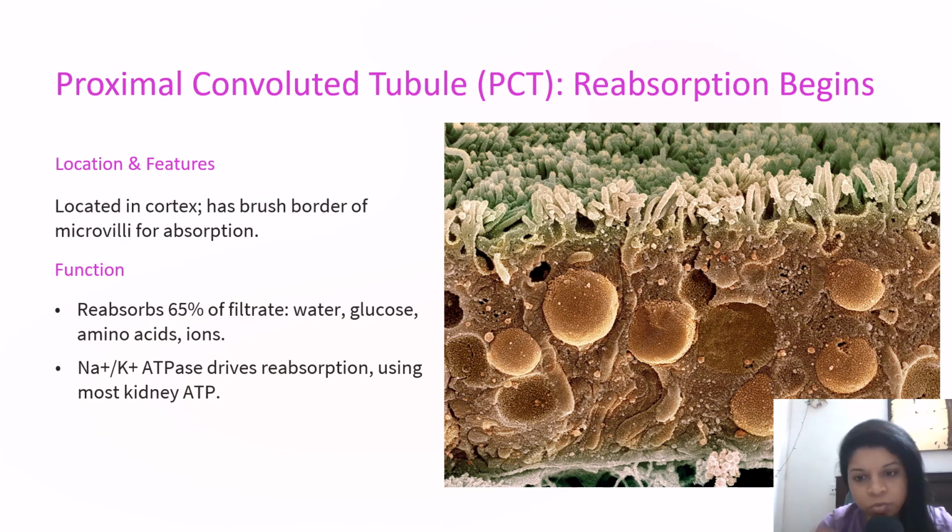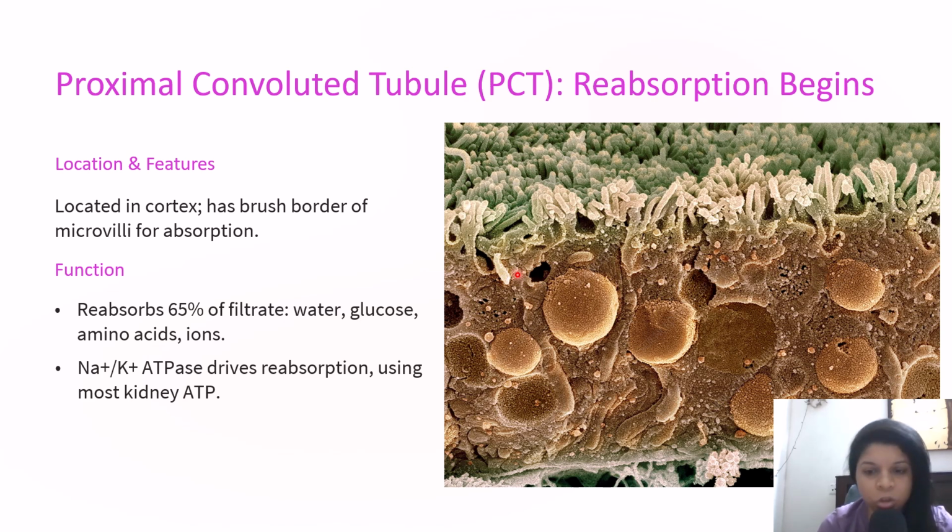Next, after the glomerulus, the urine passes to the PCT, that is the proximal convoluted tubule. Reabsorption mainly begins here in a nephron. PCT is where reabsorption begins. It is located mainly in the cortex, as I said, and it is lined by brush border epithelium. And why is it called brush border? Because it has microvilli, as you can see in the ultrastructure form.